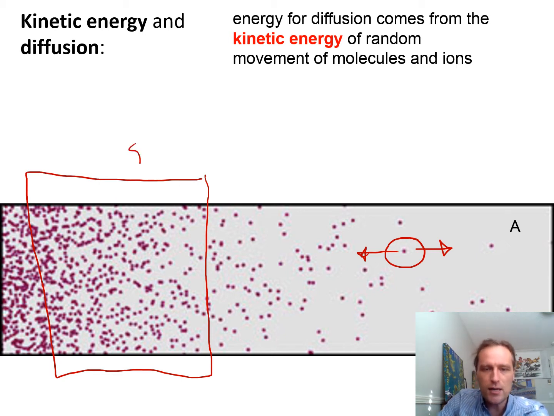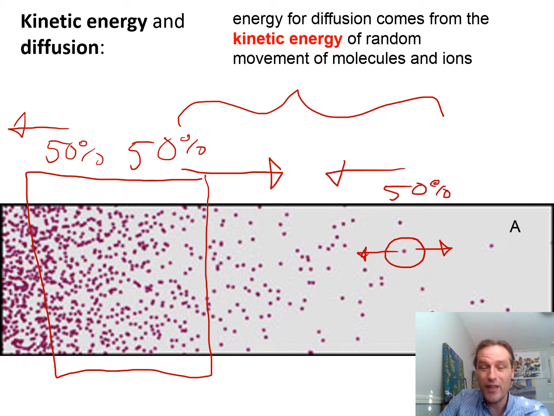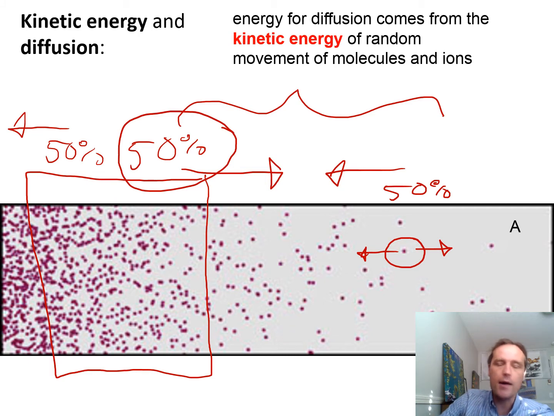So if 50% of these molecules go right, and the other half go left, just notice what's going to happen between these two points. 50% of these molecules here go left, that's not that many molecules. But if 50% of these molecules are going right, that's a lot more molecules. So that's why, although we say the movement is random, we also say that it is very predictably from high concentration to low.